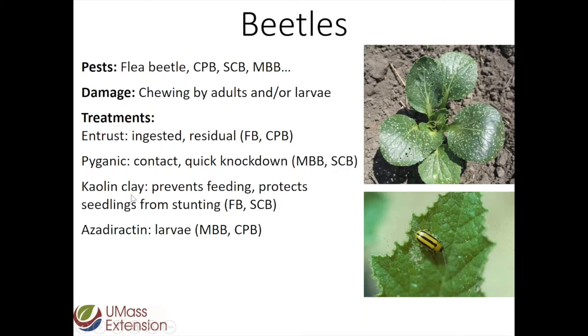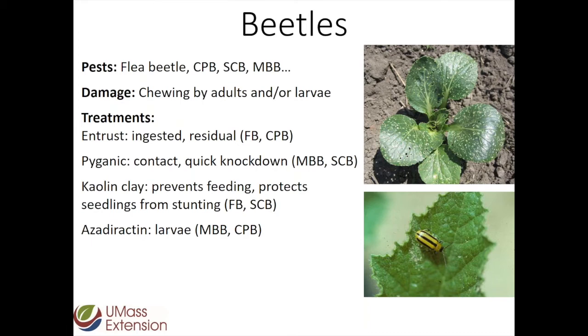Another idea is kaolin clay, which I didn't talk about, but it's not really a pesticide. It is clay that just forms a white dust on the leaf surface, and beetles don't like it. They don't like to have it on their feet. So it just kind of is a repellent. But it can work pretty well to protect seedlings, especially.